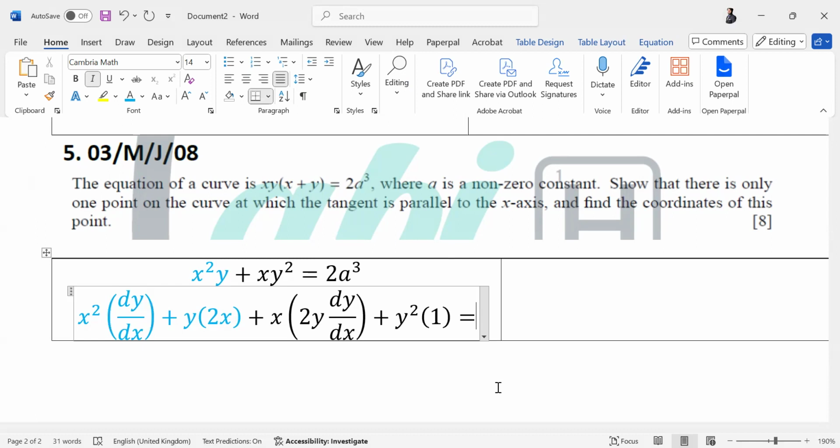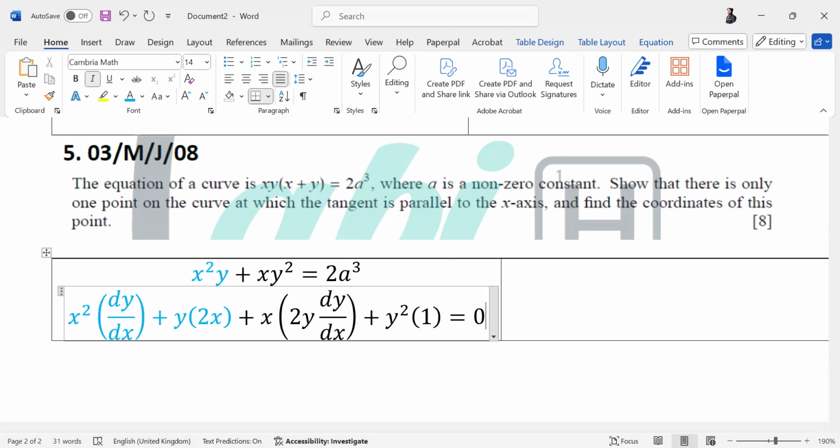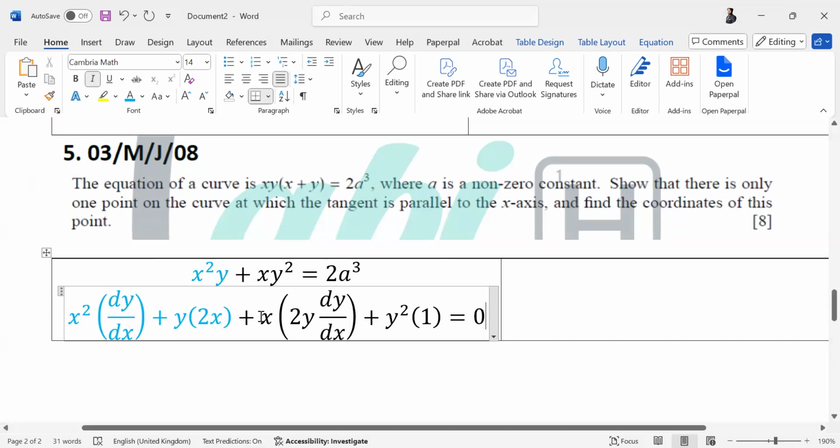What is the derivative of 1? Yes, it's 0. It's a constant. So derivatives of constants are 0. 2a cube likha hai, so it's still a constant. If I write 8 as 2 cube, still a constant. Yeah. Getting it or not? 2a cube is a constant. The derivative of a constant is 0.